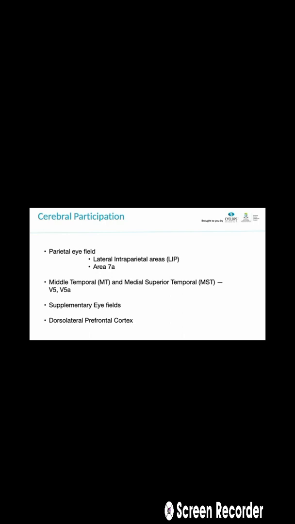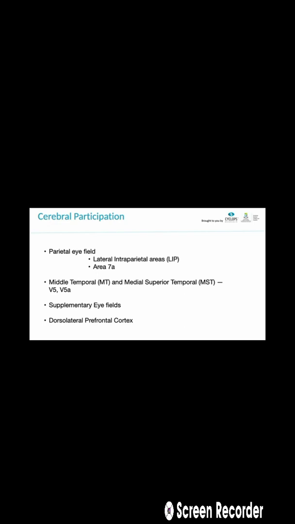You need to remember these things because you will be encountering these areas in multiple other systems too, like the pursuit system and also the saccadic system. So the parietal eye fields include the lateral intraparietal area and area 7A.